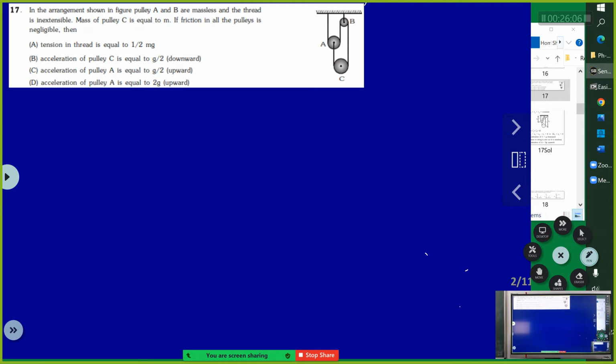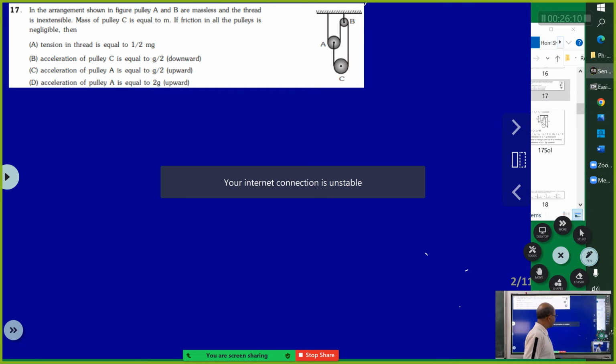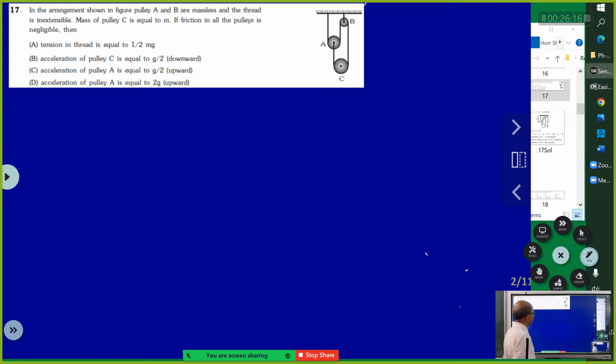Sir, in this question, they have given that pulley C has mass. Can we model it as a pulley without mass, with the mass of the block attached to it? Why do you want to make it like that?